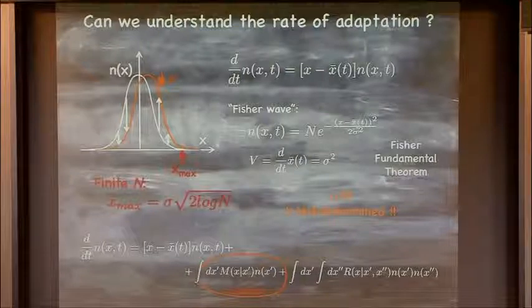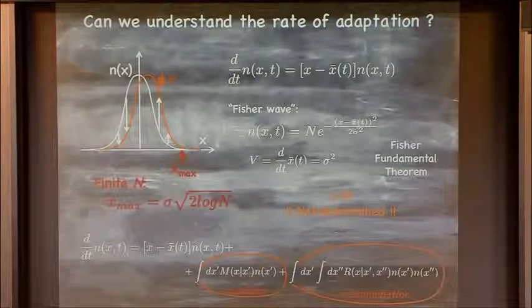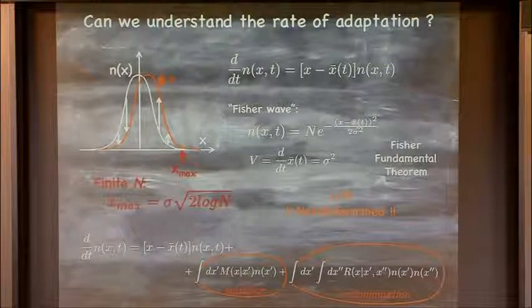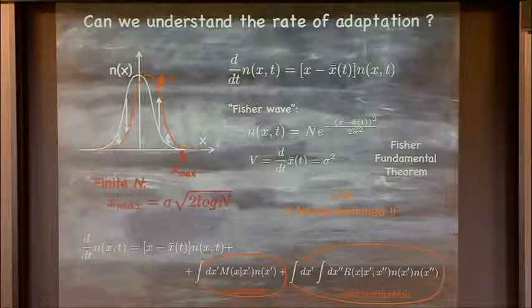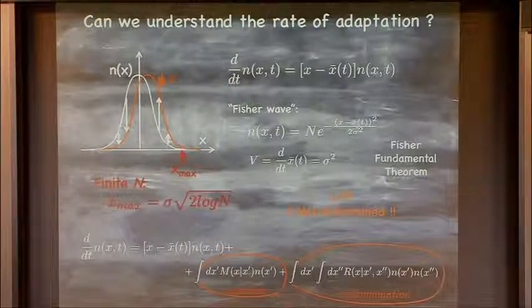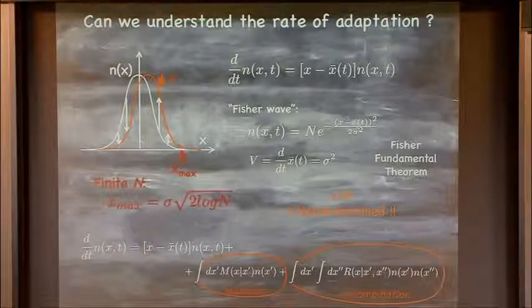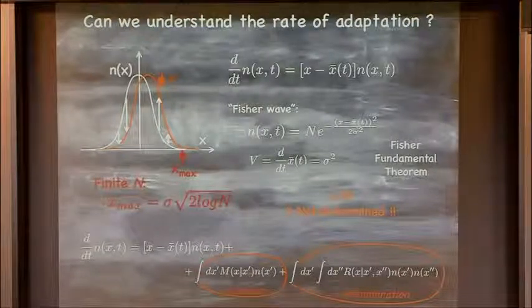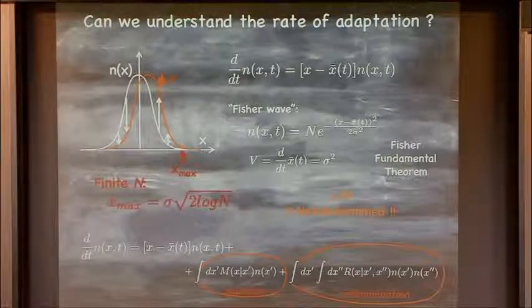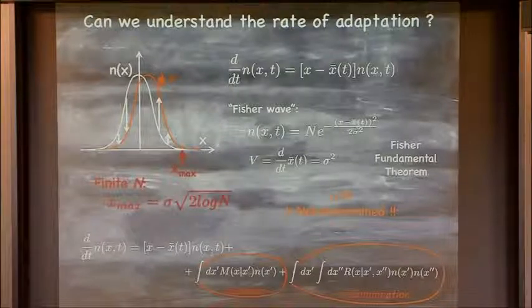And the second effect, which we will talk about in a moment, is recombination. So actually in the sexual population, right, two individuals from the population will come together and make a baby with a fitness related to ancestral fitness, but not the same.